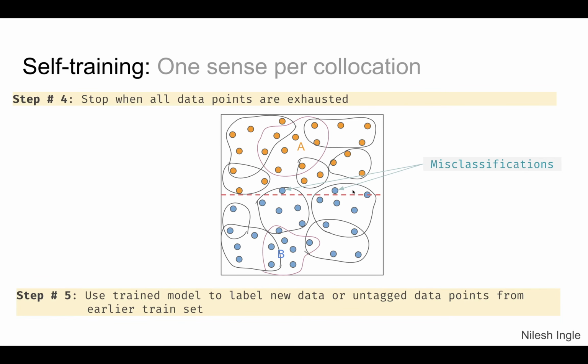But once you have these labeled, what you can do next is use those as your labeled data set, and then if new unlabeled data points come in, you can train on this and try to predict the labels for the unlabeled data set. So that's the one sense per collocation method in self-training.